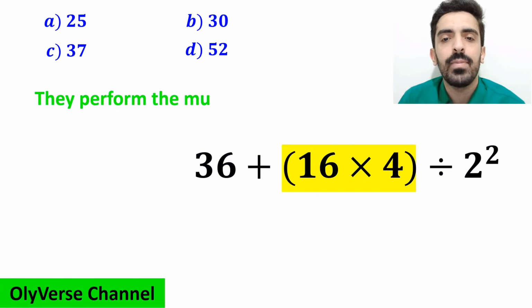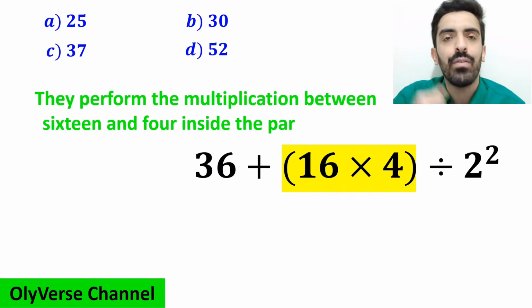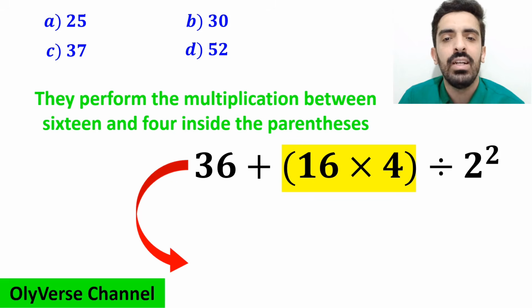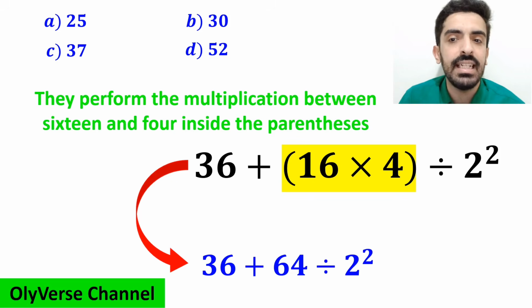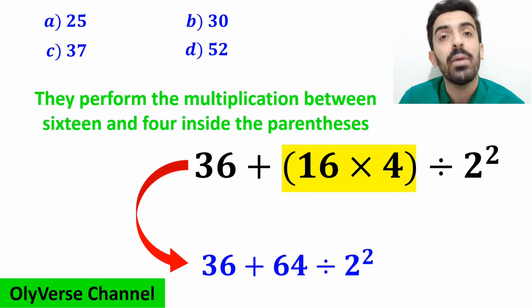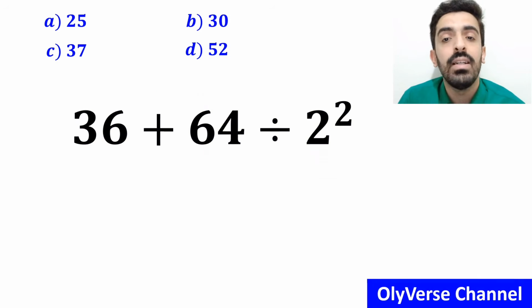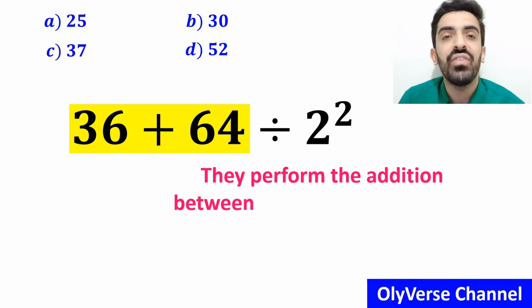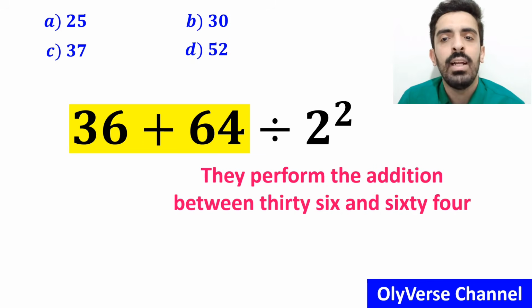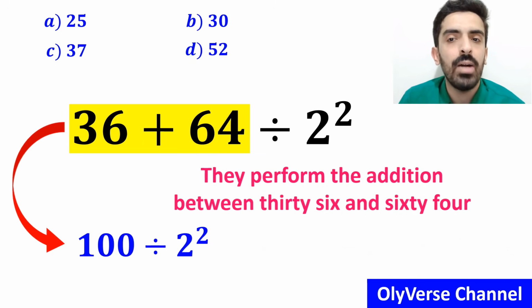Then, they perform the multiplication between 16 and 4 inside the parentheses and write this expression as 36 plus 64 divided by 2 squared. Next, they perform the addition between 36 and 64 and simplify this expression to 100 divided by 2 squared.